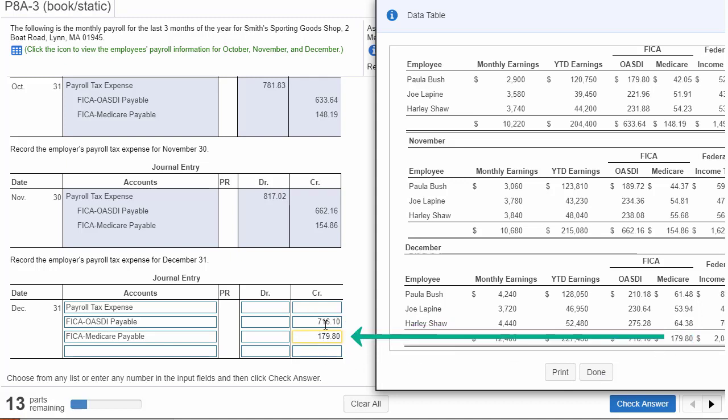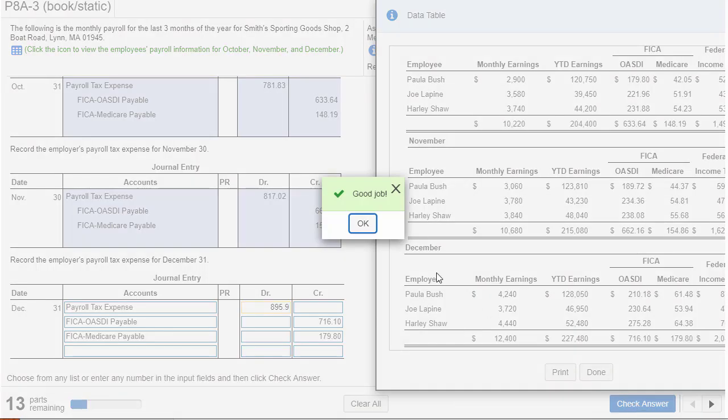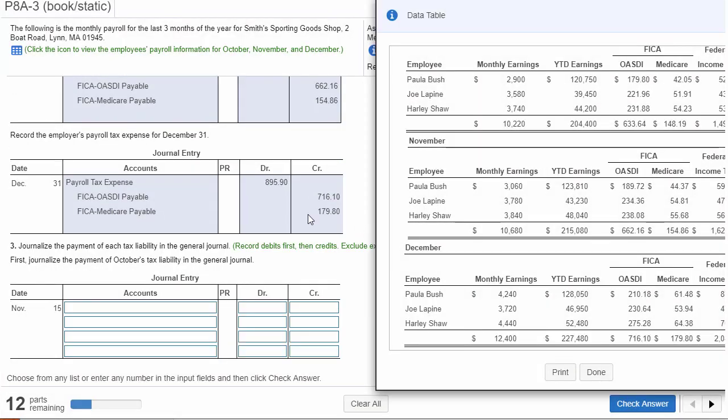And we're going to add up the credits to give us a debit of what? We got 895.90. You can leave off the 0 if you want, it doesn't matter. As you notice, it plugged the 0 back in there for us just to make it look nicer. All right, so that was recording the employer's payroll tax expense.